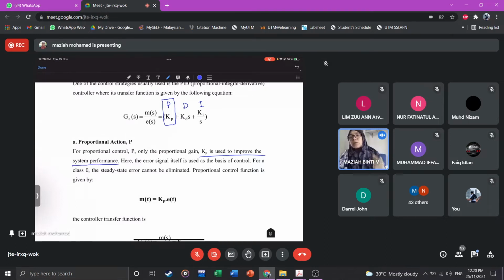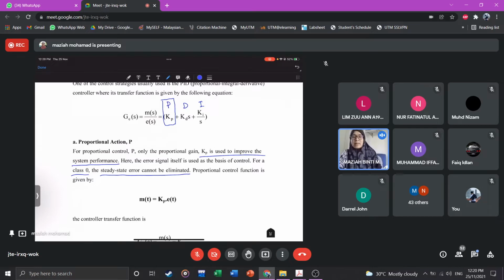Later we can see that by adding a P controller into the system, the response of the system will improve, and it will also reduce the steady state error. Basically for class 0, the steady state error cannot be eliminated.